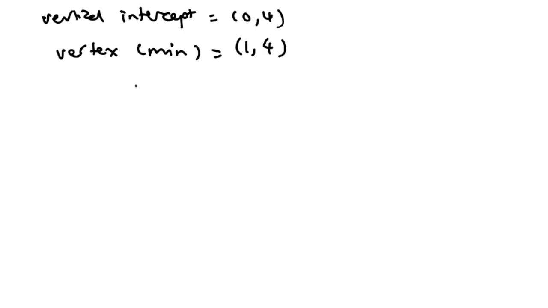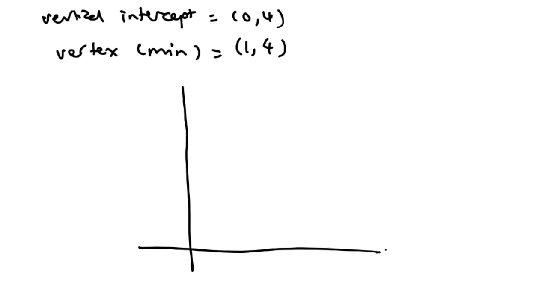Alright. Then when we try to put it in the form of a drawing, we draw the vertical axis and horizontal axis. Because I see the vertical intercept and also the vertex here are positive, the minimum point is in the positive quadrant.